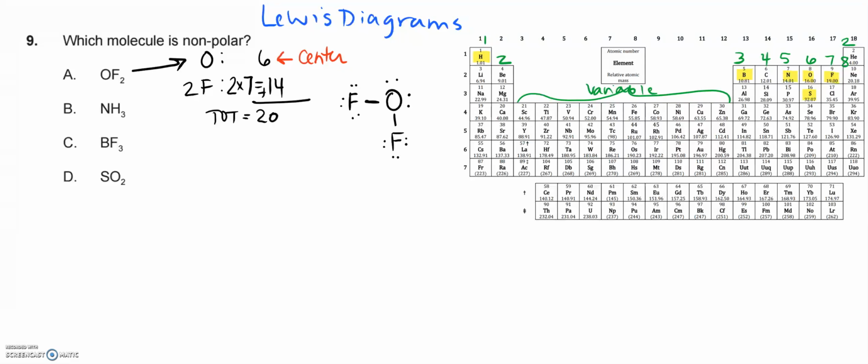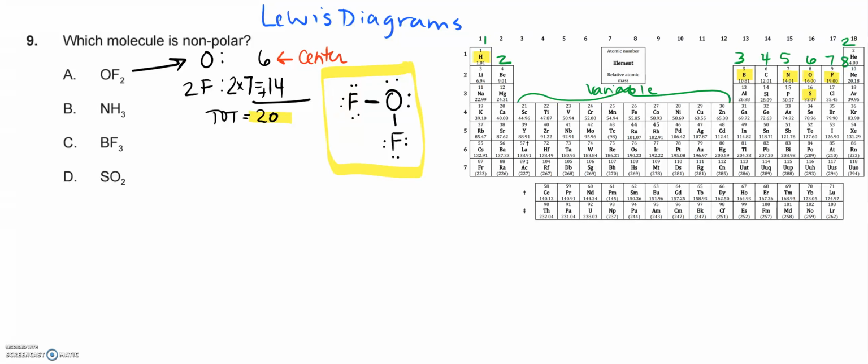Now I need to do some accounting because I need to make sure that I meet my total number of electrons, which we said was 20, and I need to make sure that each species feels 8 electrons. So I can count 1, 2, 3, up to 20.